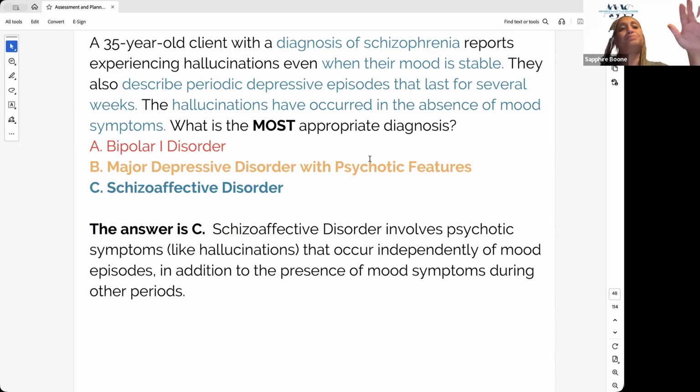They'll come in and out. With schizoaffective, your schizophrenia is going to stay stable. In this case, it's hallucinations. The hallucinations are stable. Sometimes the mood is there, right? Sometimes there are periodic depressive episodes.